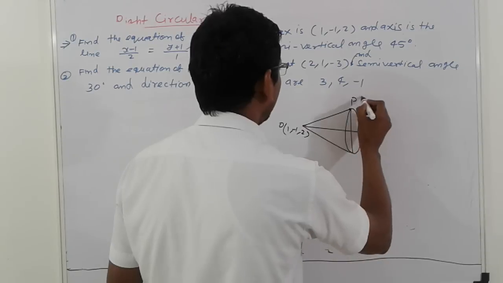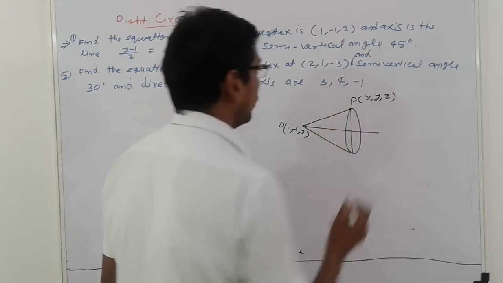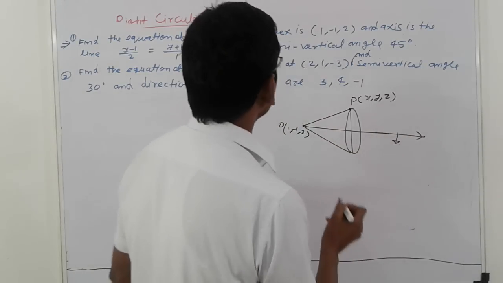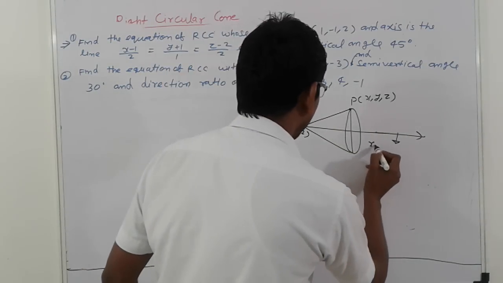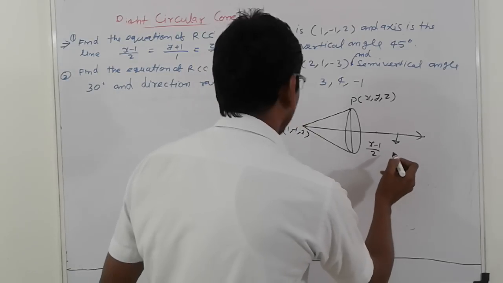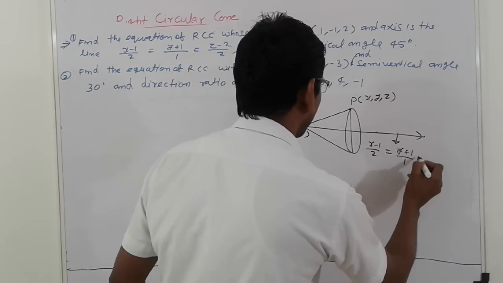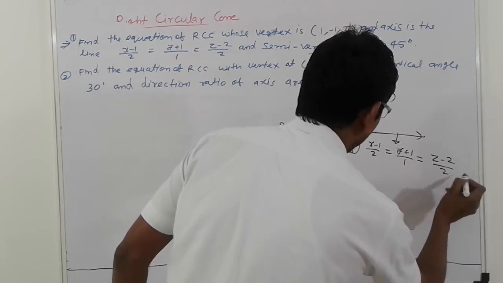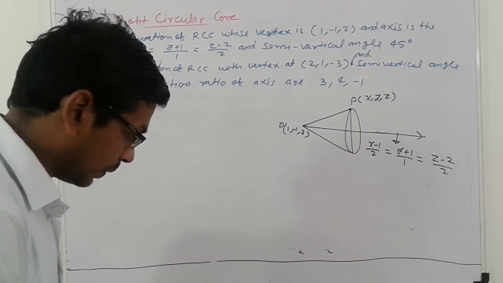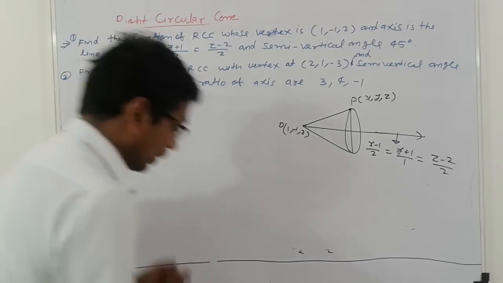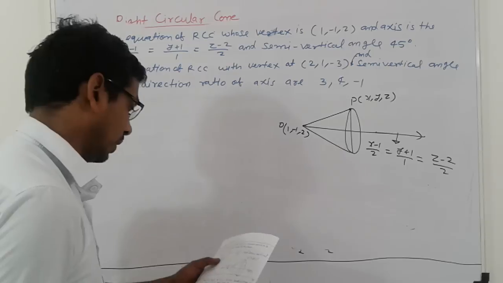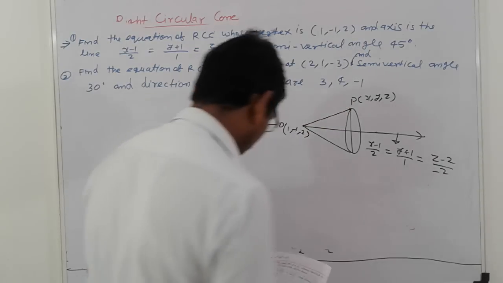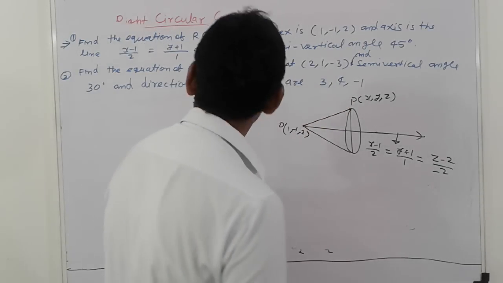Next, here this is P(x, y, z), a point we will consider on the generator. The equation of the axis is given: (x-1)/2 = (y+1)/1 = (z-2)/(-2).